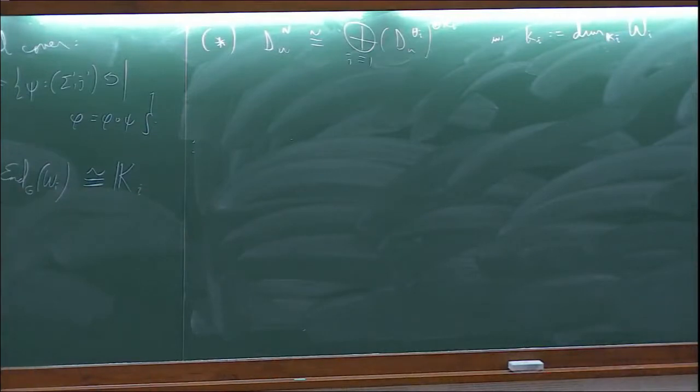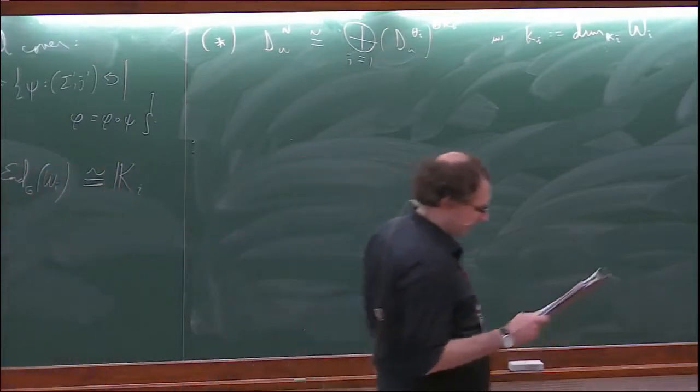So for each of the representations, the equivariant endomorphism algebra acts on the vector space W_i. It makes it a K_i module. So what I've written there is the dimension of that K_i module.